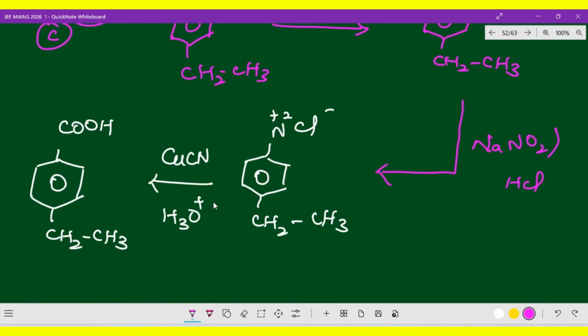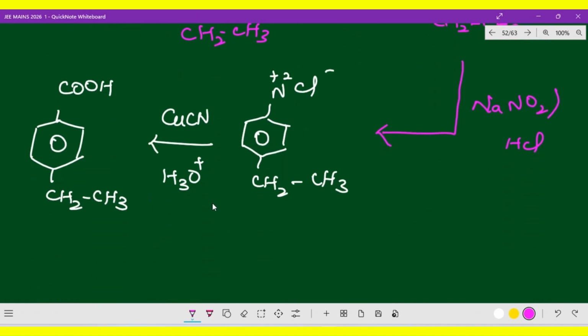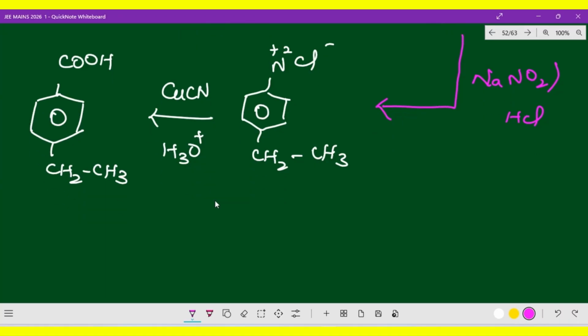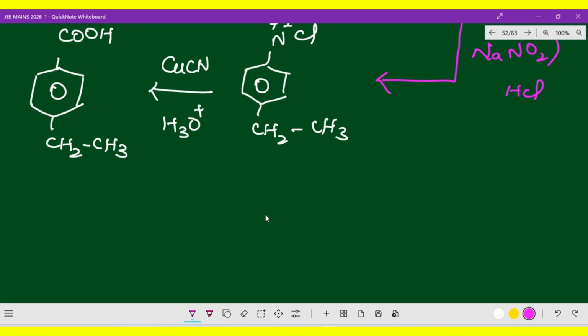Okay, I hope you got the clarity. Now, compound A directly on hydrolysis gives compound Z. Compound A is C double bond O NH2 with CH2 CH3.